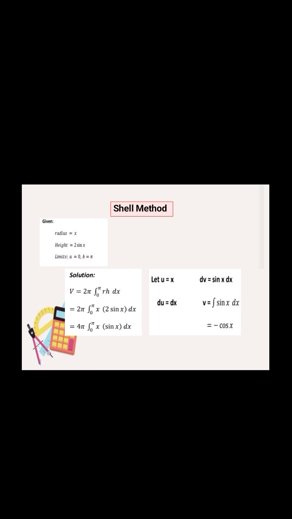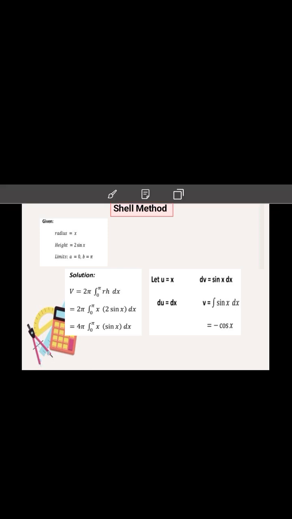As we can see, it has an integral inside. So we will multiply 2 to 2 pi, so it becomes 4 pi. So 4 pi integral of x sine x evaluated from 0 to pi.